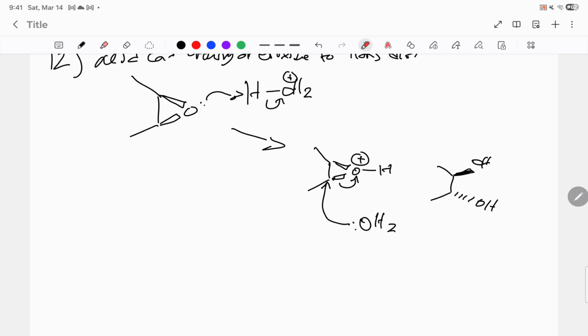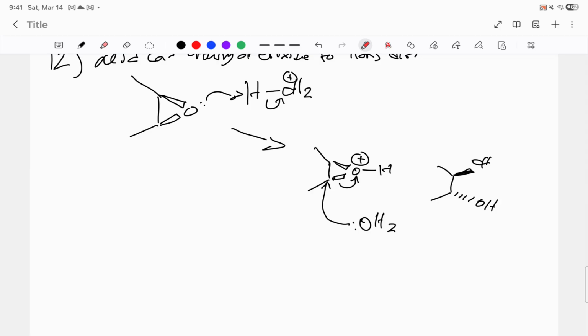The attack occurs from the backside relative to this other OH. The reaction is also regiospecific. Remember, the water is attacking the more substituted carbon. Again, in this case, it doesn't really matter, but the water will attack the more substituted carbon. So it is a Markovnikov orientation.